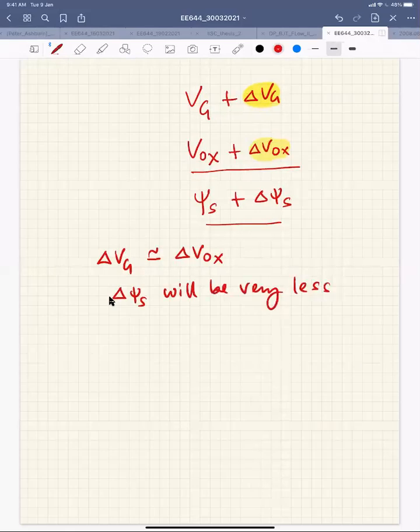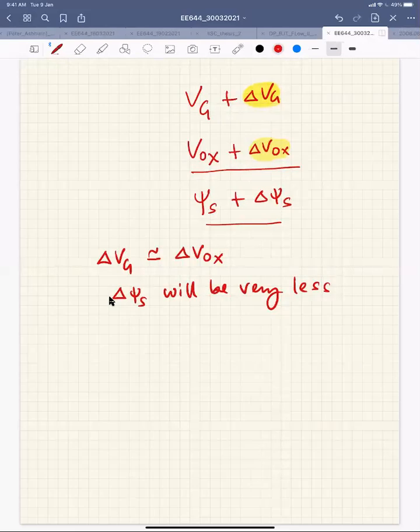So once your transistor is in inversion, any change in gate voltage will drop across the oxide. That will not be transferred to the surface, meaning to the silicon.